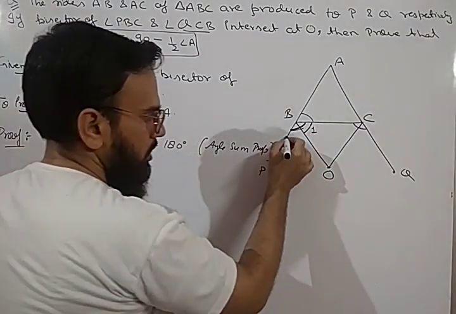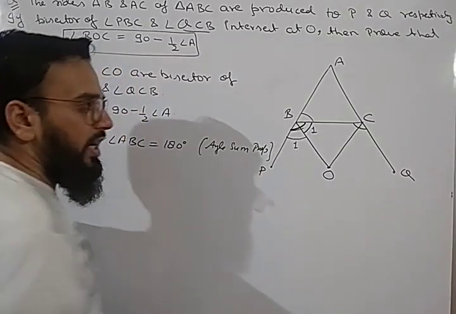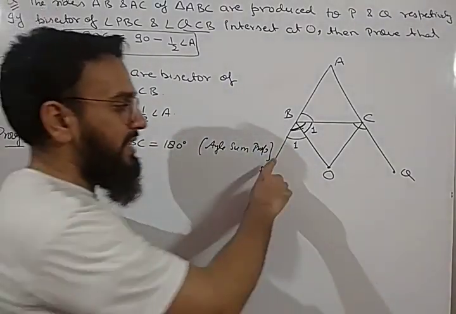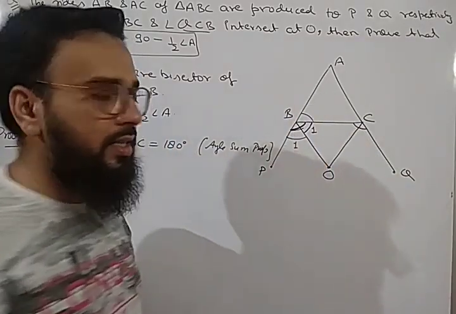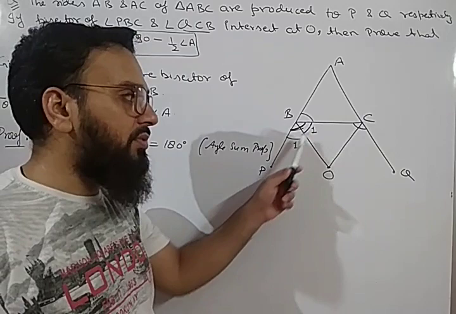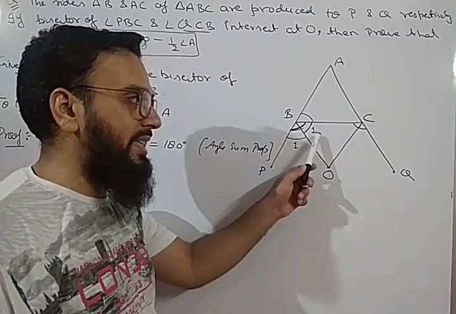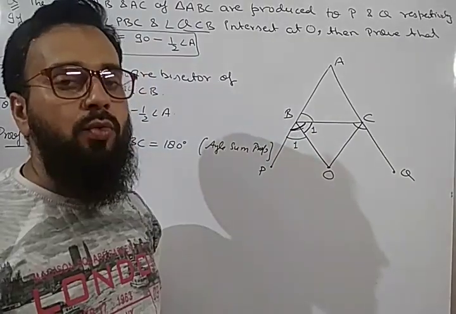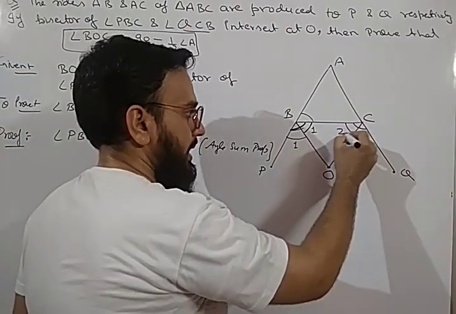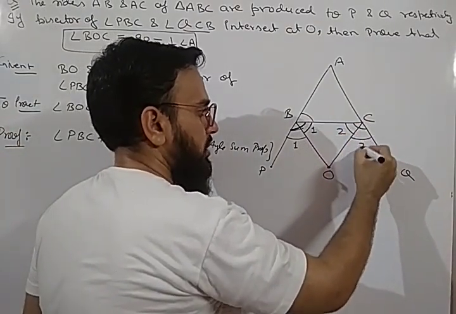This angle will also be equal to angle 1. Why? Because BO is the bisector, and a bisector divides an angle into two equal parts. So PBC is divided into two equal parts, and both parts are equal to angle 1. Similarly, if we consider this angle as angle 2, this angle will also be equal to angle 2.